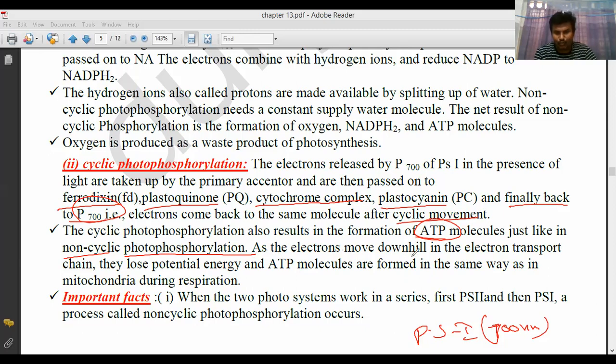As the electrons move downhill in the electron transport chain, they lose potential energy and ATP molecules are formed, in the same way as in mitochondria during respiration. See here, the electrons are moving in a downward movement.